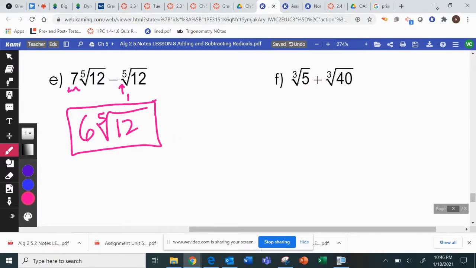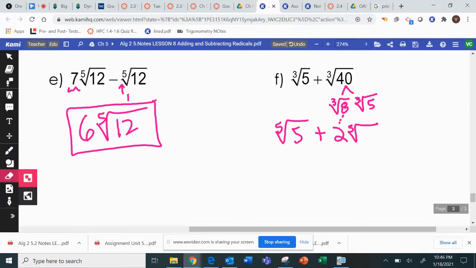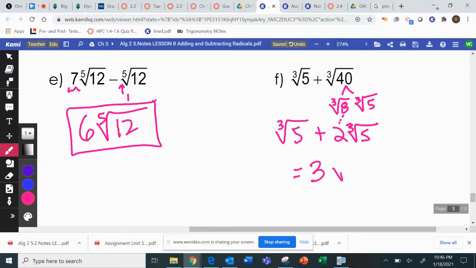And then this one here, perhaps let's break down cube root of 40. I know 8 goes into 40 5 times. I apologize, I'm saying wrong things because I'm kind of tired. 3rd root of 5 plus 2 3rd root of 5, which gives me a total of 3 3rd root of 5s.